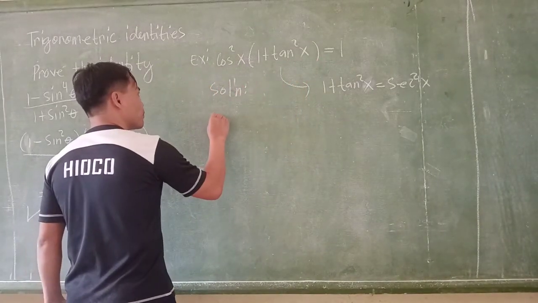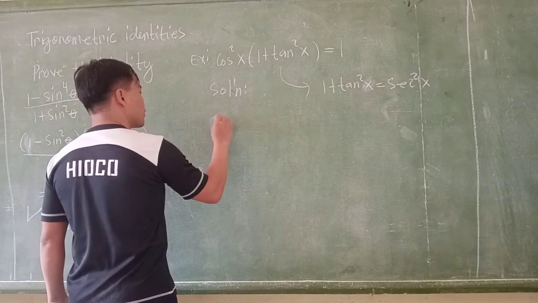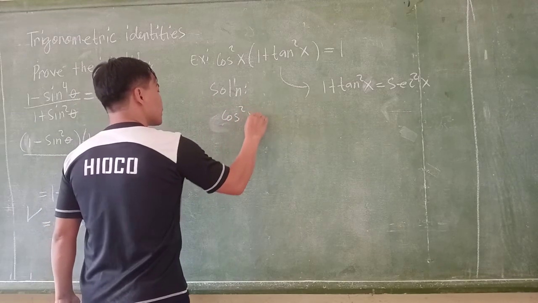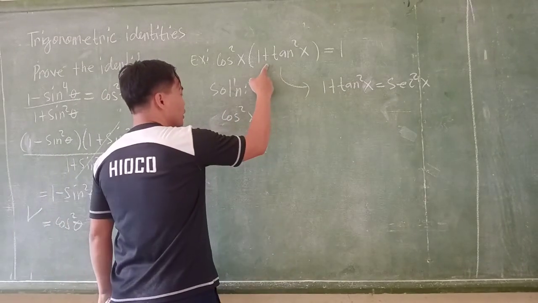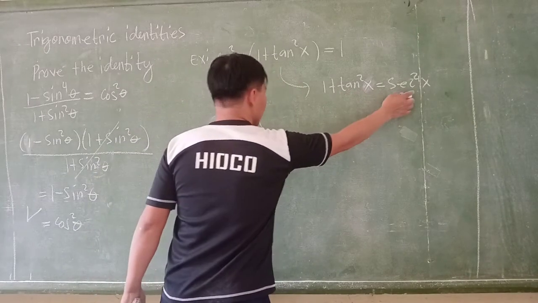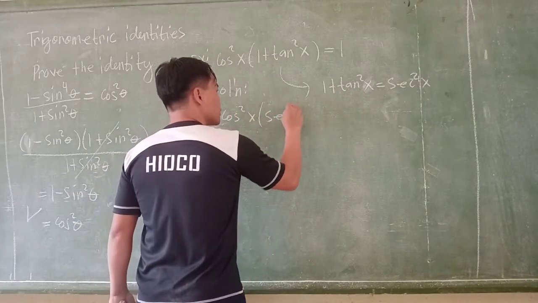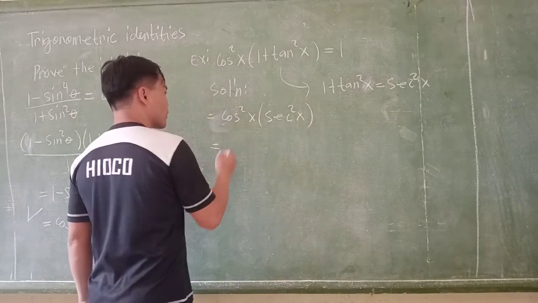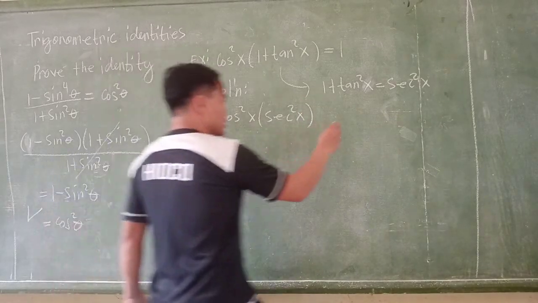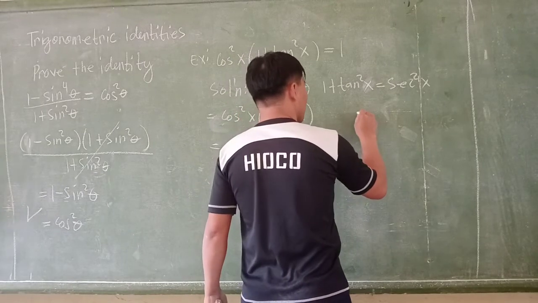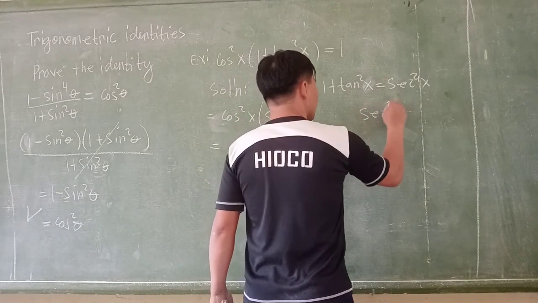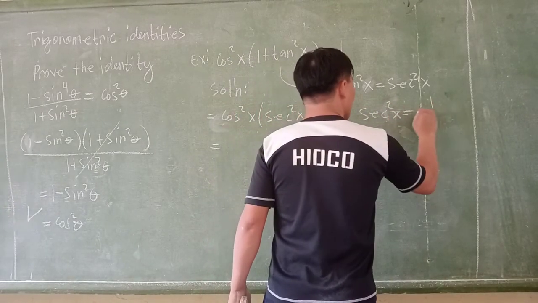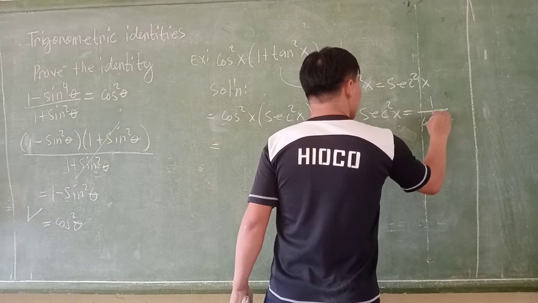So we have here cos squared x times secant squared x. Okay? Next. We know that secant squared x is equal to 1 over cos squared x.